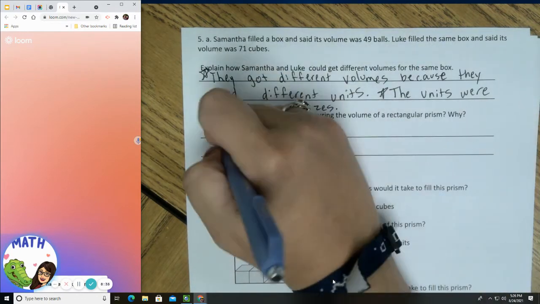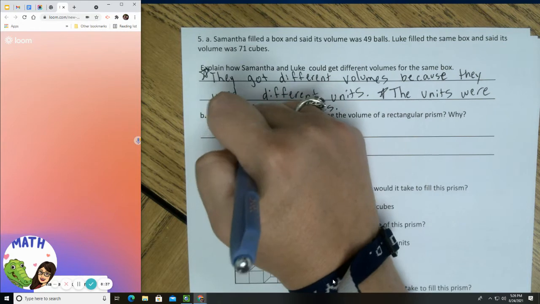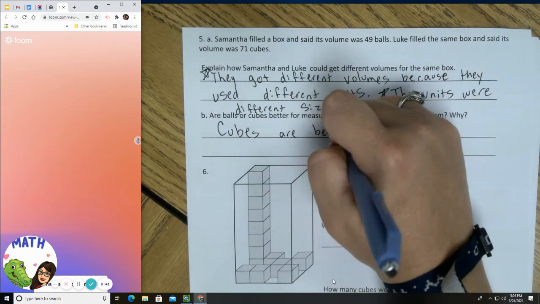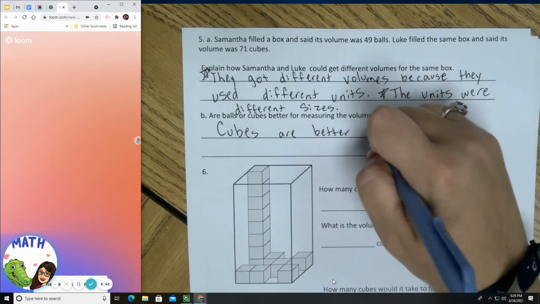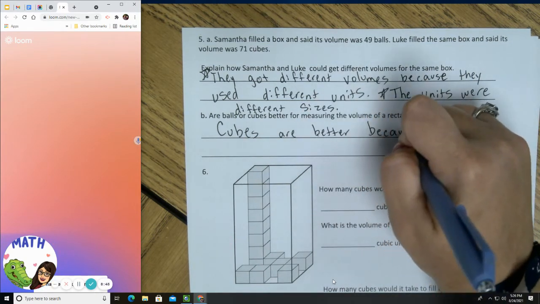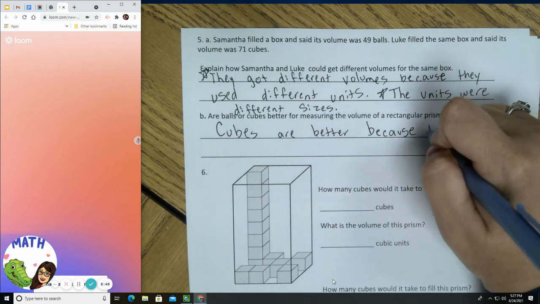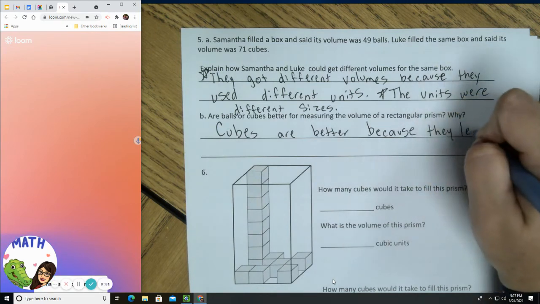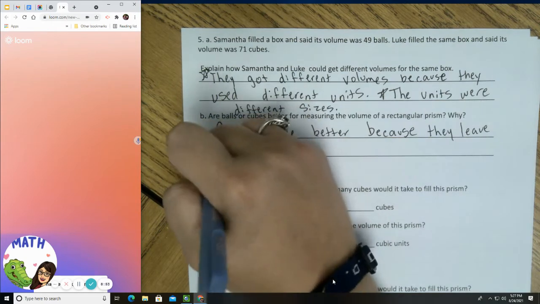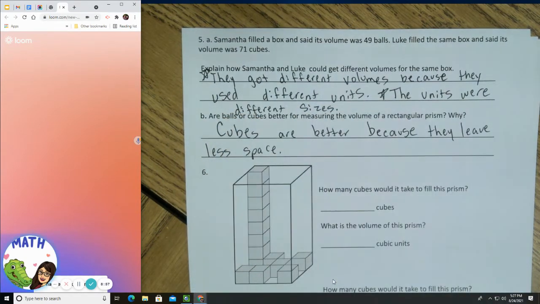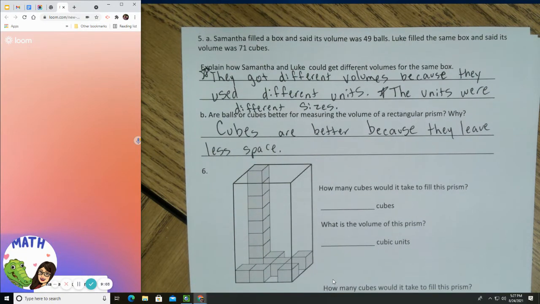You need to say cubes are better because you can say they leave less space. They line up perfectly. They reach the corners. I would take any of those answers.